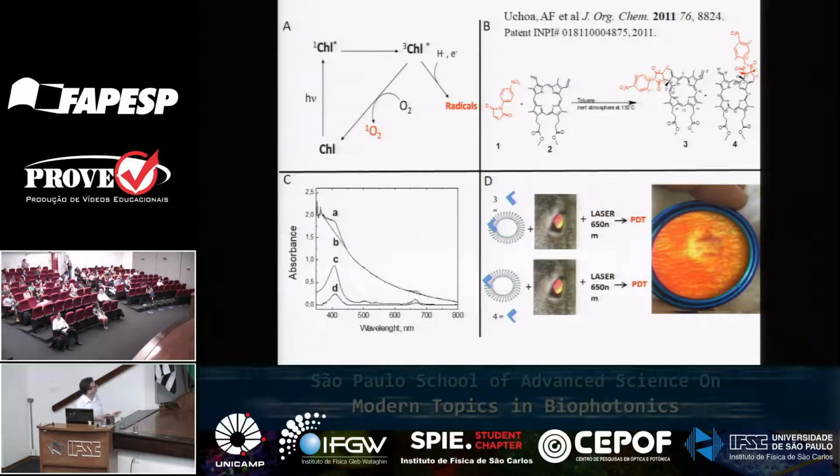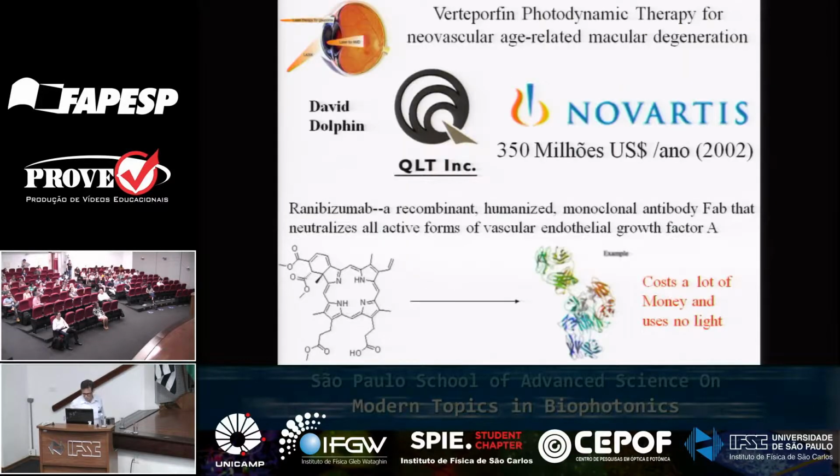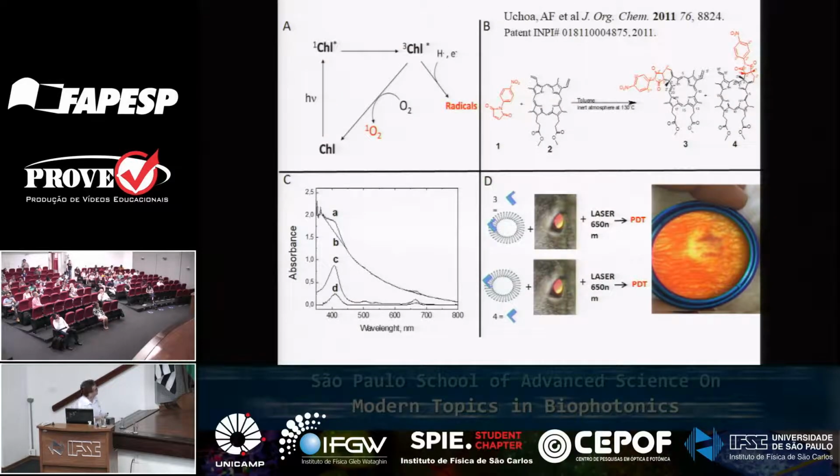So we did some research in the lab related to this chlorin compound. Instead of this structure that I mentioned from verteporfin, a student made a smaller, different structure, and this group is a lot more rigid than the other one. And so these molecules do not aggregate.